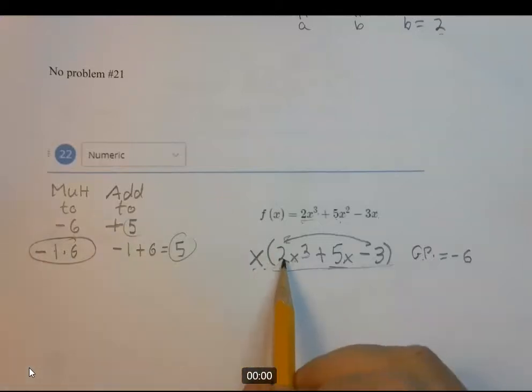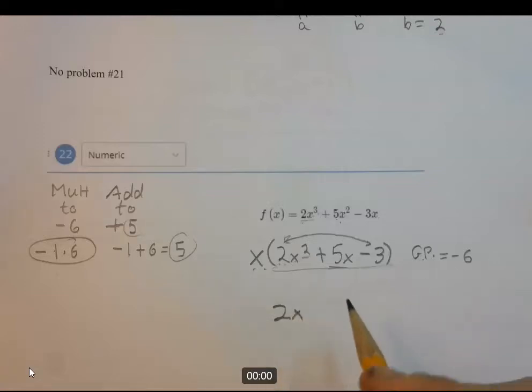So remember what we did when we had that coefficient out there like that? We write 2x, not 2x to the third or 2x squared or 2x anything else. Just 2x and 2x. And then we take these two numbers and we put them down underneath.